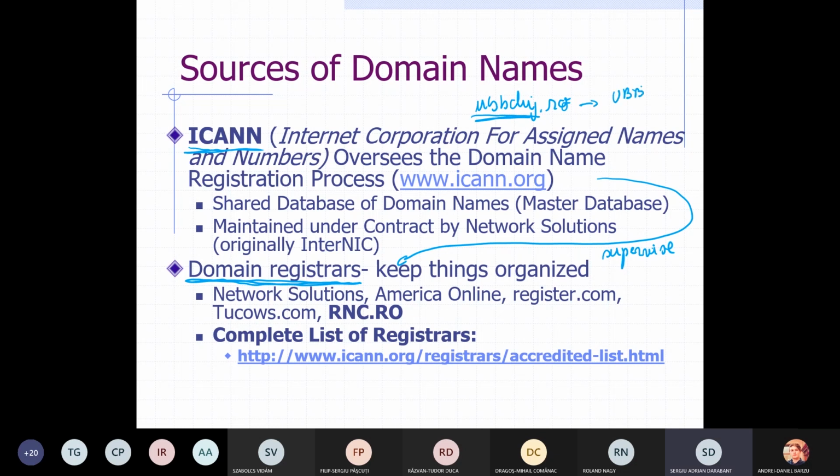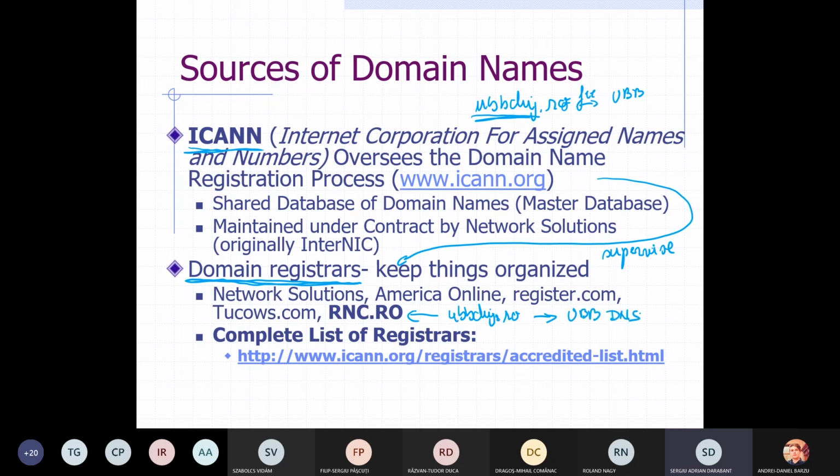You will need to pay a fee, and then that name is assigned to you, and you will have one of the DNS servers of the registrar that maps ubbcluj.ro to a UBB DNS.